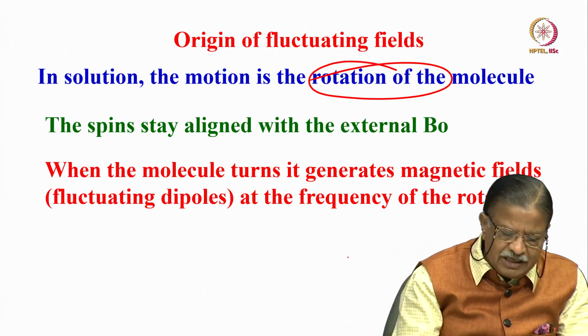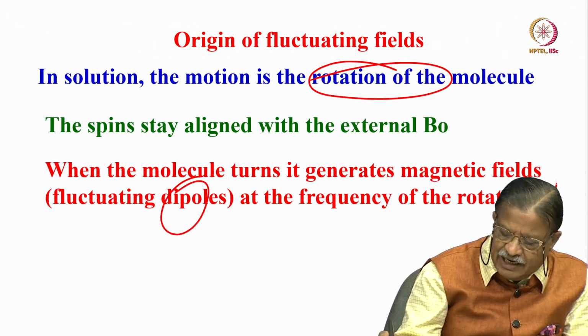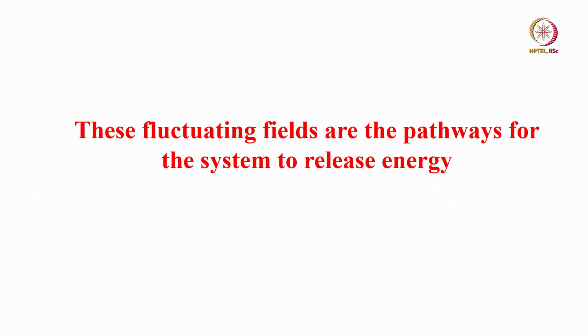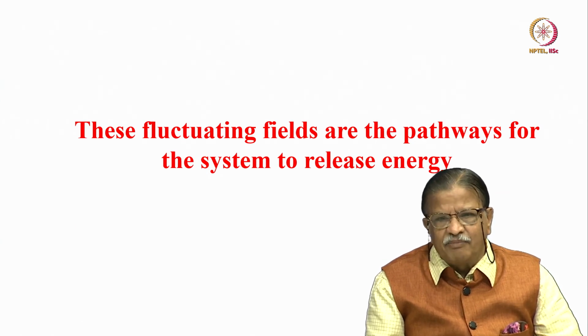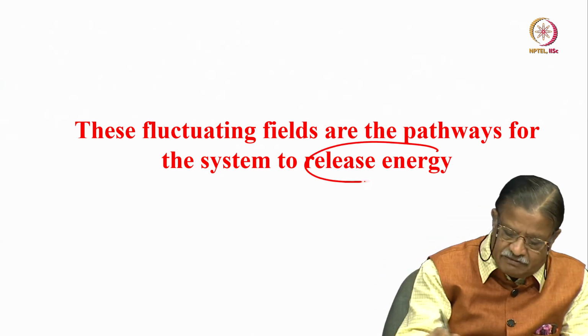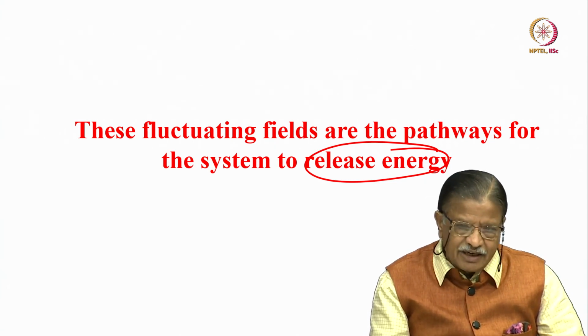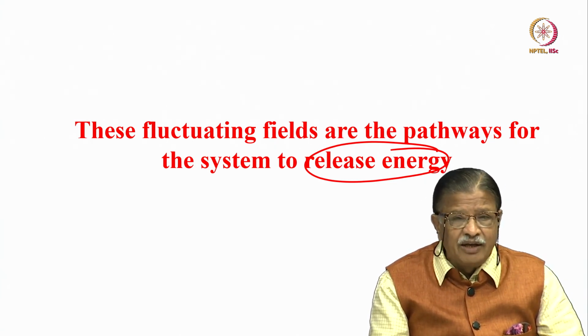So, we know that the fluctuating field generates a magnetic field, in the external magnetic field, because of the rotation or some disturbance of the molecule like this. Now, these fluctuating fields are the pathway for the system to release energy. We discussed this in the relaxation phenomena. If there is no fluctuating field, spins cannot relax.